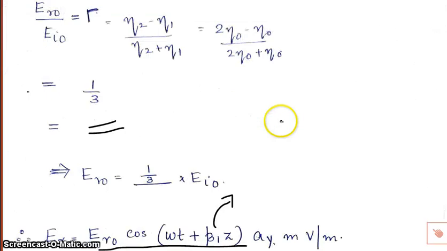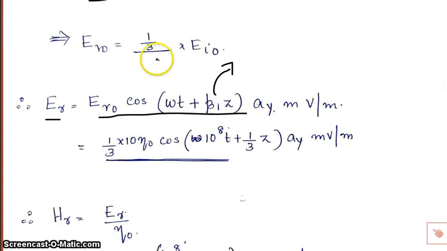So when you substitute, finally this E_r will be 1 by 3 into 10 eta naught, then cos, what is omega? Omega is 10 raised to 8, t plus beta 1, where beta 1 is 1 by 3, in the a_y direction, millivolt per meter.